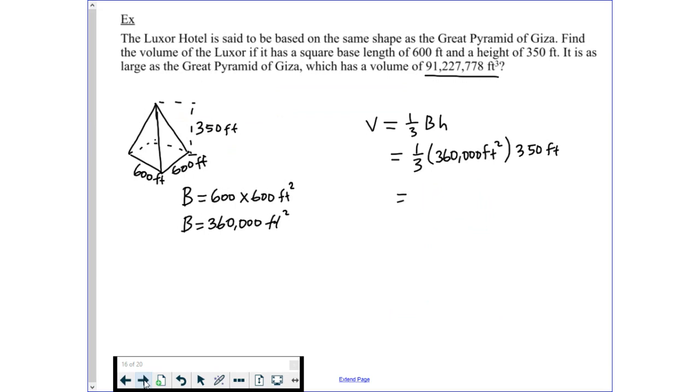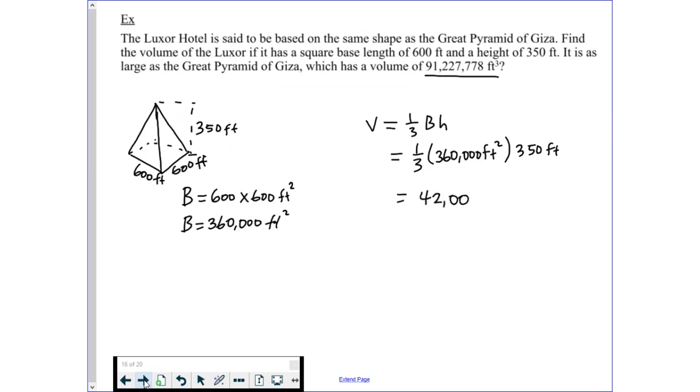How much do you guys get? 42 million cubic feet. So if you multiply all this, you get 42 million cubic feet.